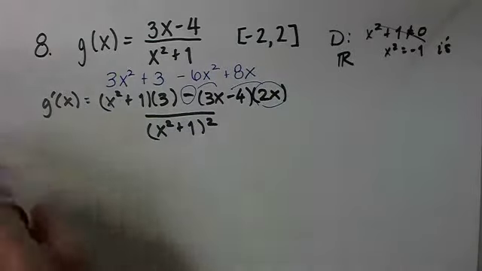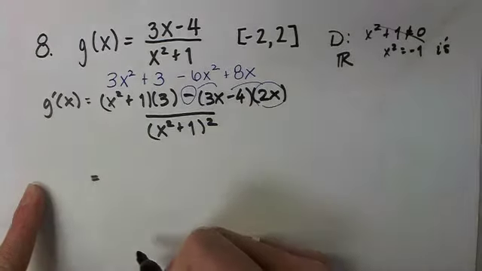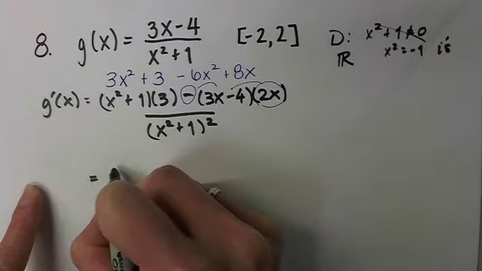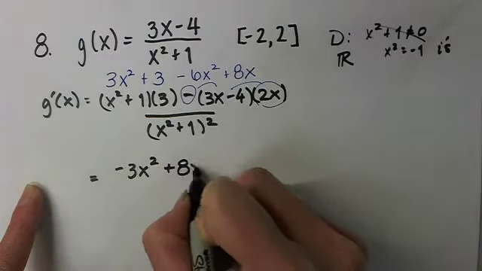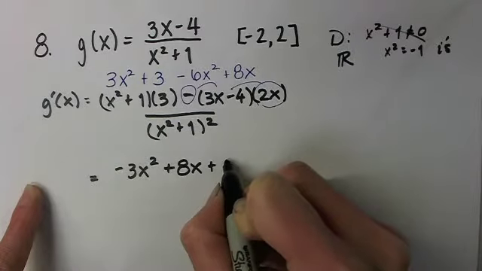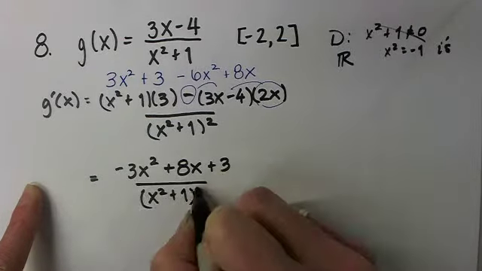All right, so adding together our like terms, our derivative is equal to negative 3x squared plus 8x plus 3 over (x squared plus 1) squared.